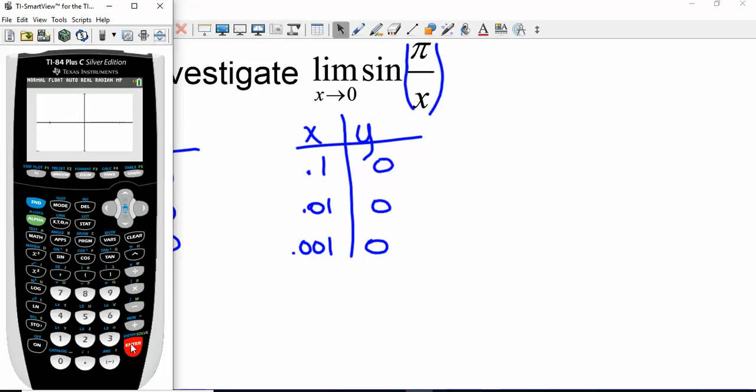I'm going to zoom in. So here's when we're getting closer to 0. What's happening to my graph? Yeah. It's oscillating back and forth very, very quickly here.